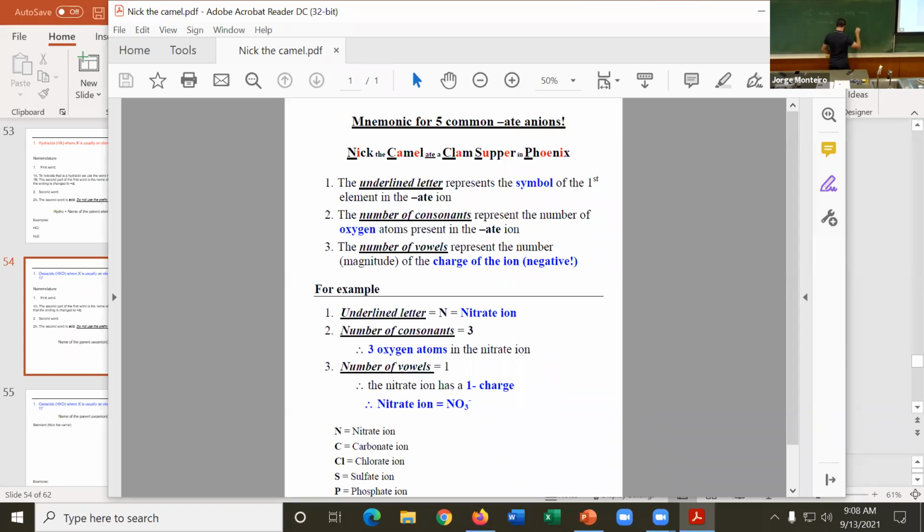Nitric. Okay. We changed the ending here. And then leave a space, acid. Therefore, HNO3 came from the nitrate ion. Therefore, this is nitric acid.